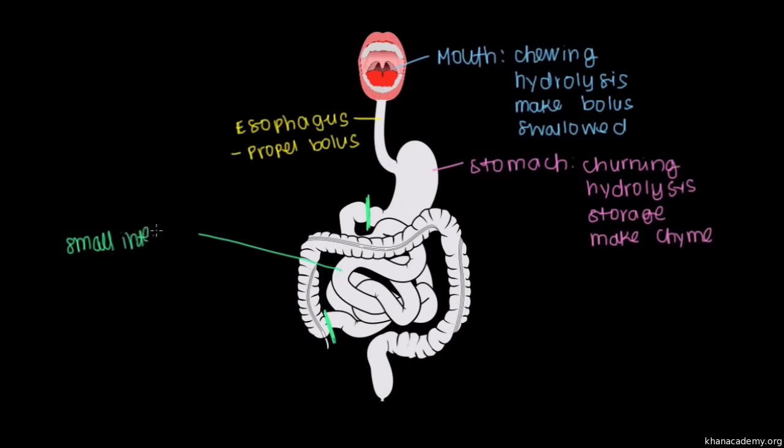There are 3 parts to this, and we'll talk about that in a subsequent video, but the main functions that we achieve here are hydrolysis, and also the absorption of nutrients. And notice this is the first part of your GI tract where you're finally taking in some of the broken-down food products and using them for nutrition to make other products in your body.